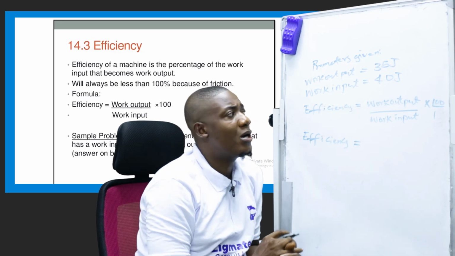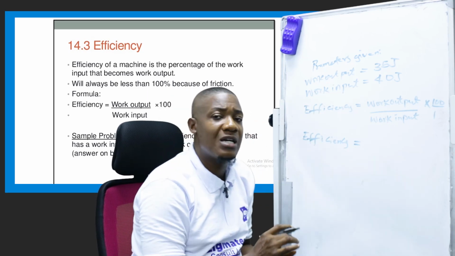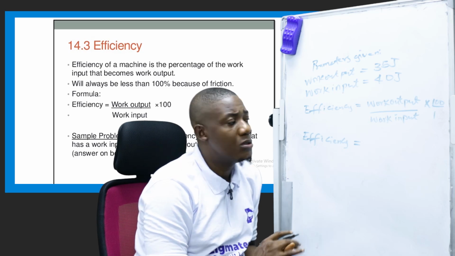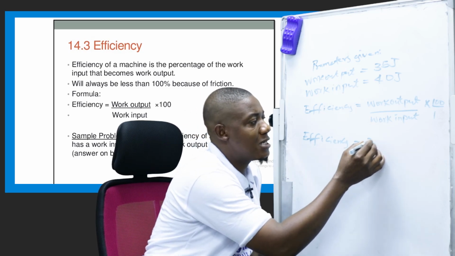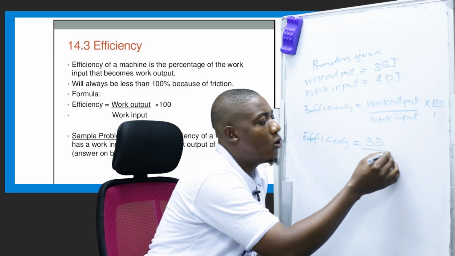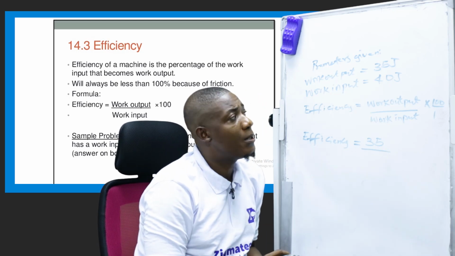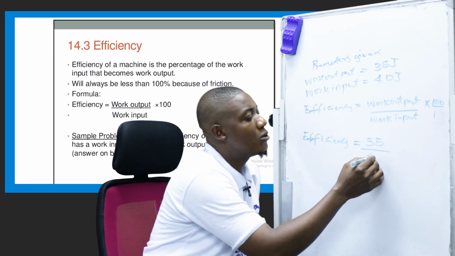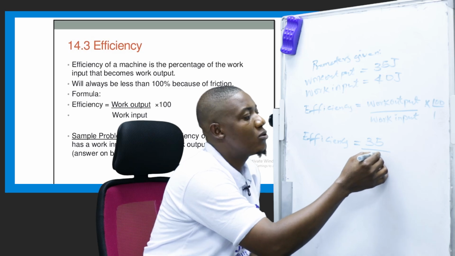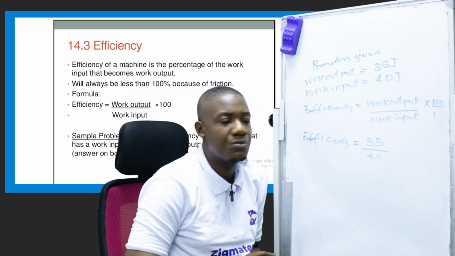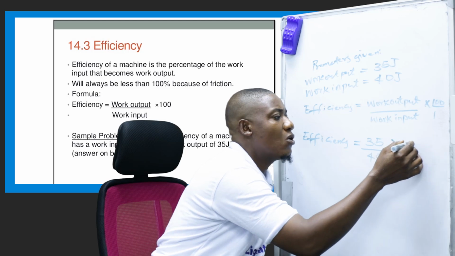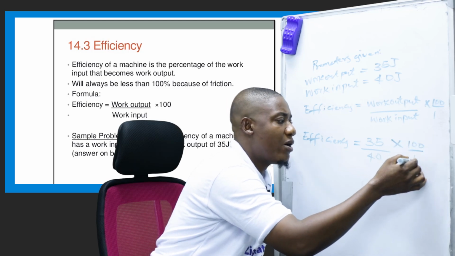We have that efficiency equals work output, here given as 35 joules. So we will write it here as 35 joules all over work input, which is 40 joules, times 100 over 1.